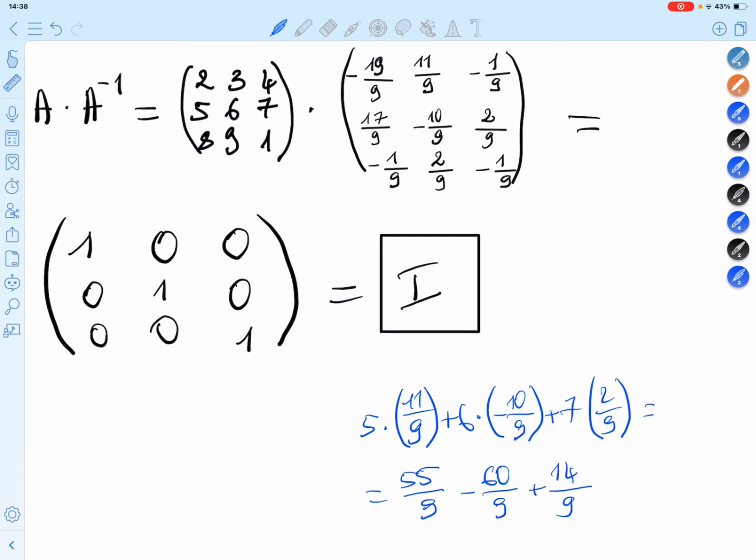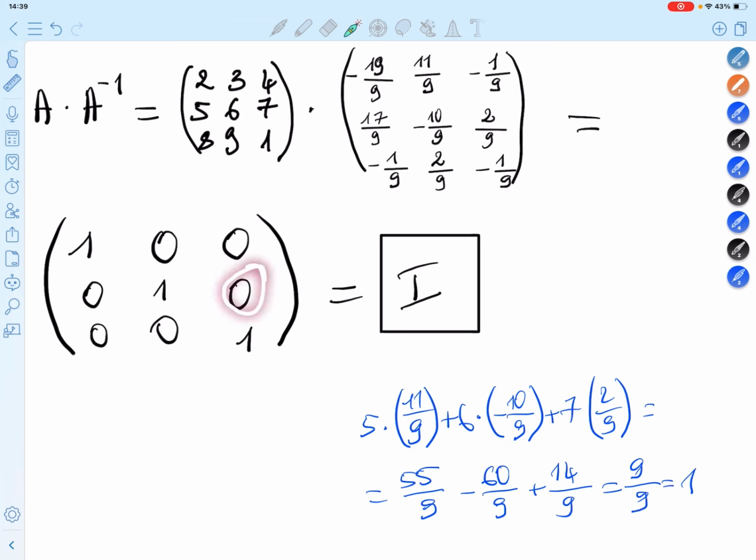We got 55 plus 14, which is 69, and 69 minus 60 is 9. So we got 9 over 9, which is 1. So this one is 1, which is correct.